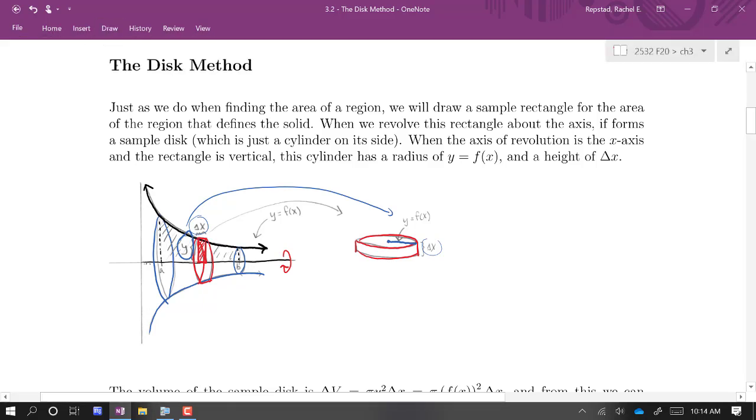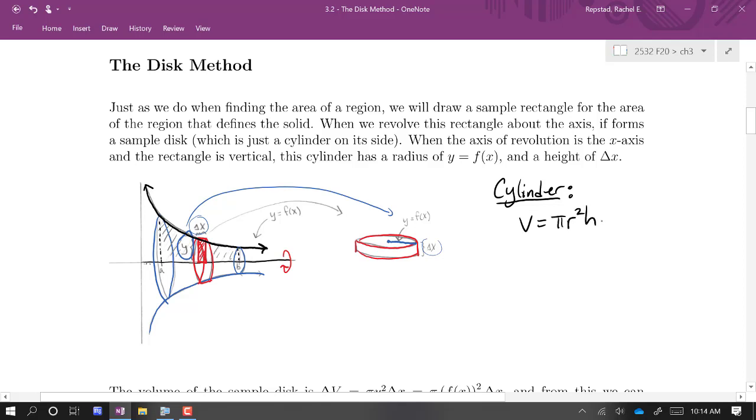And we know how to find the volume of a cylinder. Maybe you remember the formula, maybe you don't. You'll know it really well by the time you've done this section and done some practice. But for a cylinder, the geometry formula to find the volume of a cylinder is V equals pi r squared h.